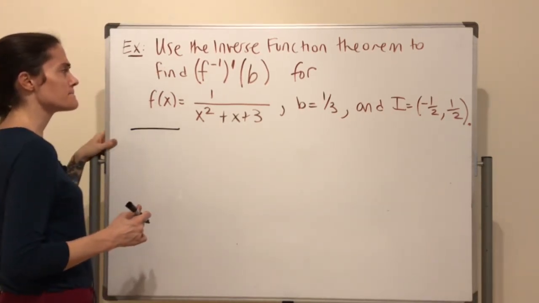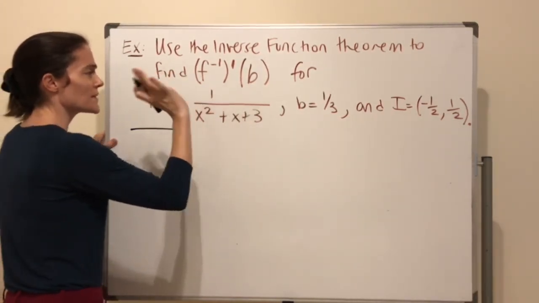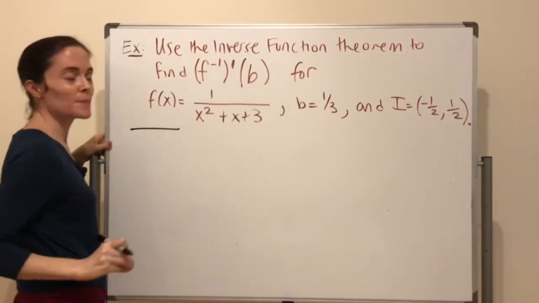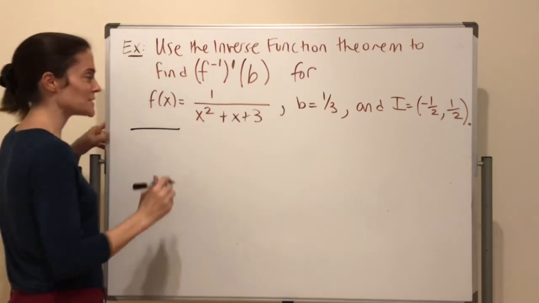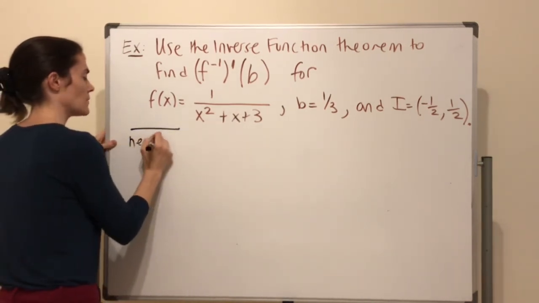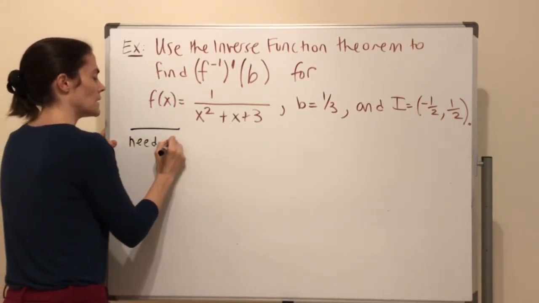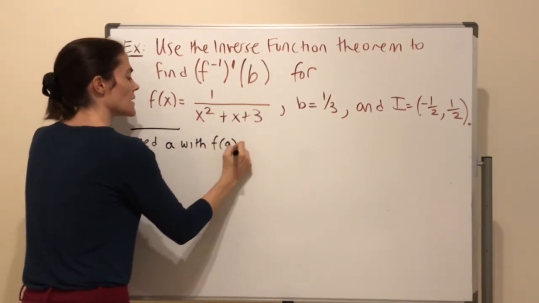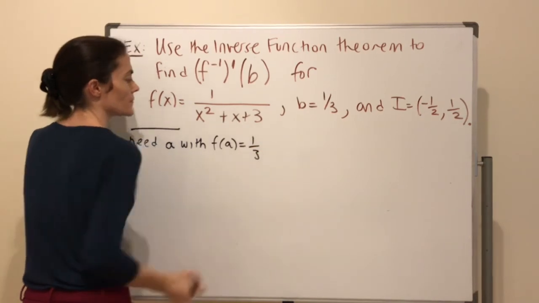But in the first question, we don't have the a and the b that we had in the last two. So we need an a with f of a equals 1/3.